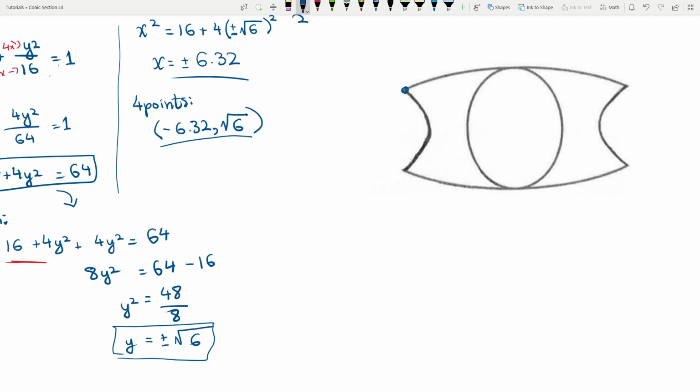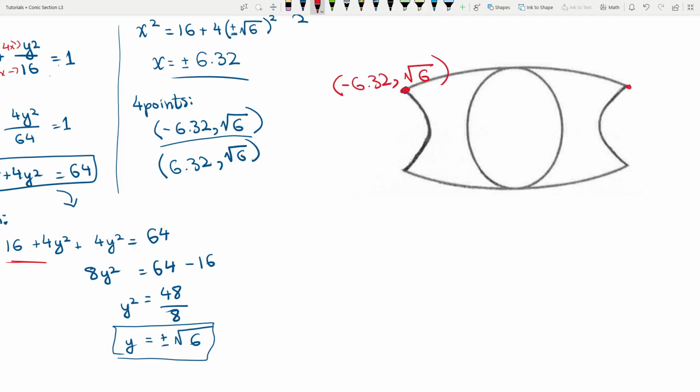So the x-axis is negative 6.32, y-axis is 6. Okay. Our next point is positive 6.32 and 6, which is here.